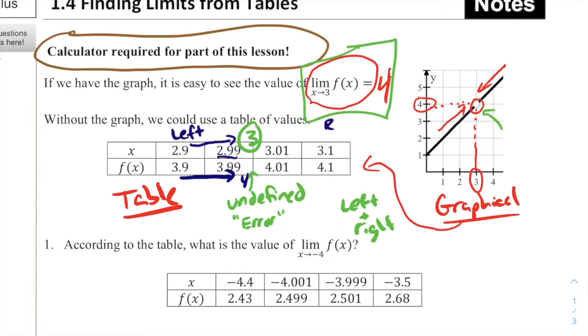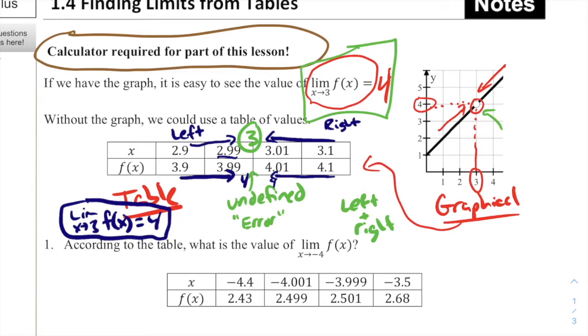Similarly, if we take a look at the right side, as it gets closer to 3, the y values are also getting closer to 4. So we can estimate from this table that the limit as x approaches 3 of f of x is also equal to 4. This is the same as what we're seeing in the graph.